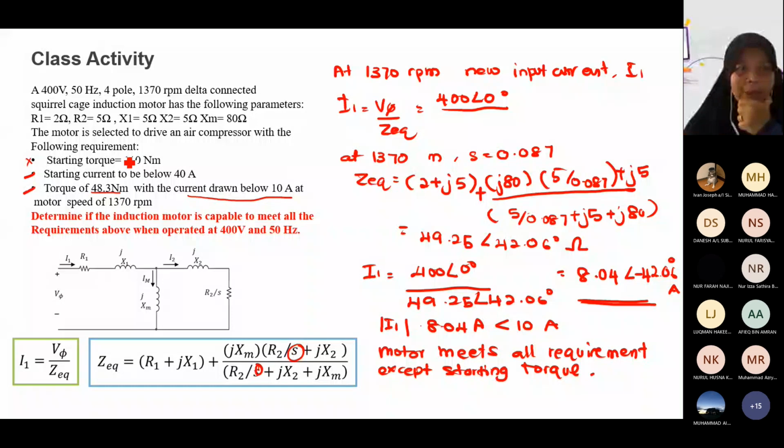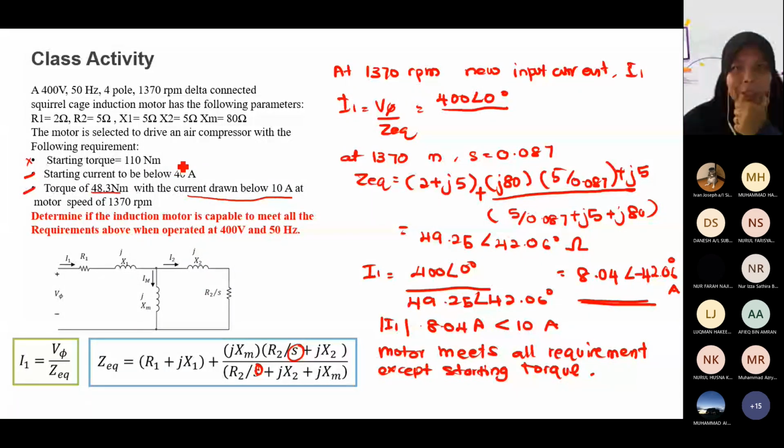So basically you have learned how to calculate the synchronous speed by using the formula NS equal 120 f over P. And you also learn how to calculate the torque at different speed by using the formula. So in order to calculate the torque, you must have the synchronous speed and also the slip.